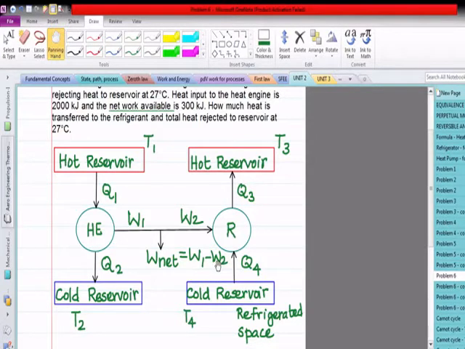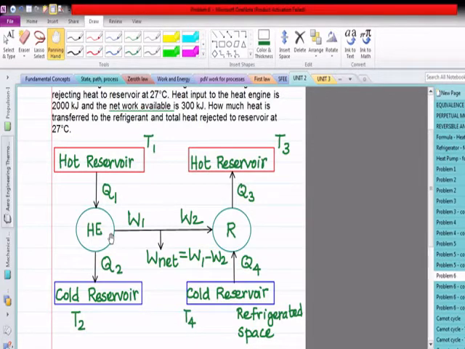In some similar problems, combined heat engine refrigerator problems, they will give the work output of the heat engine as the work input to the refrigerator, or they will say the heat engine drives the refrigerator.